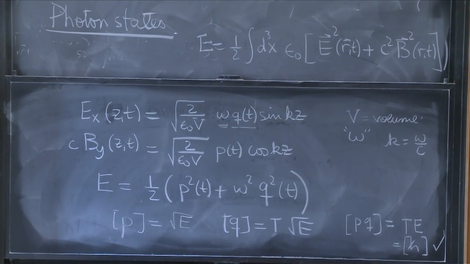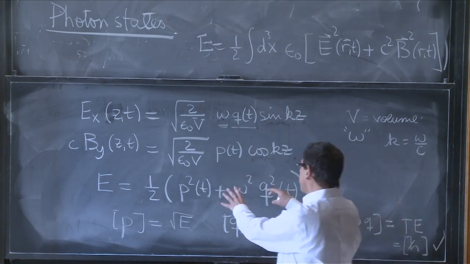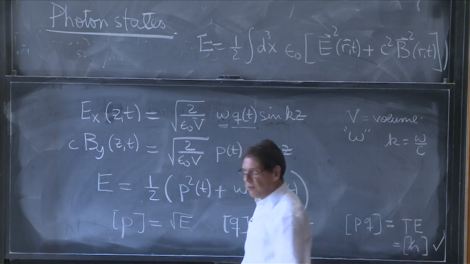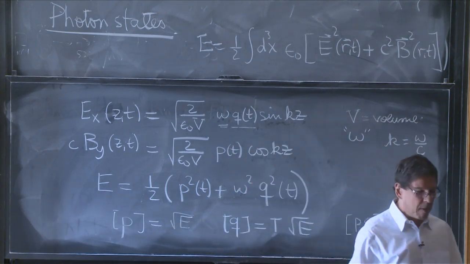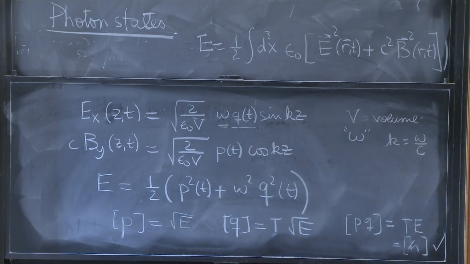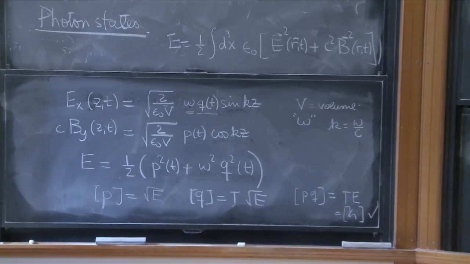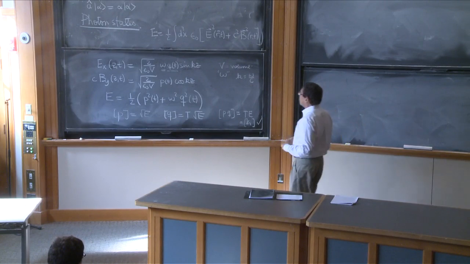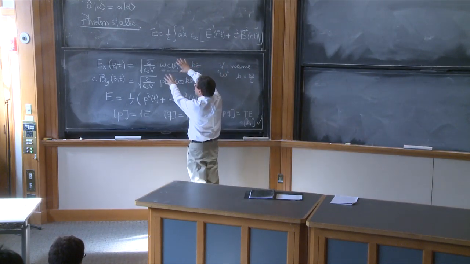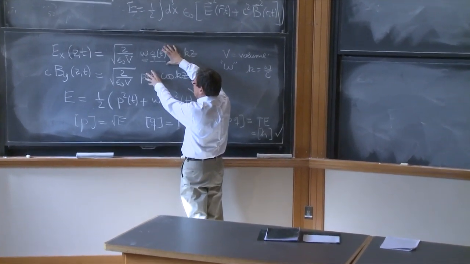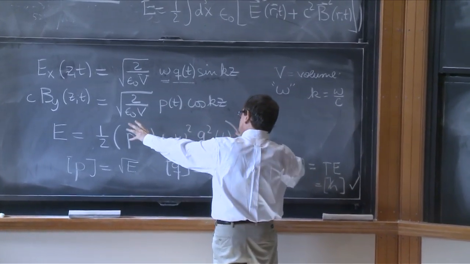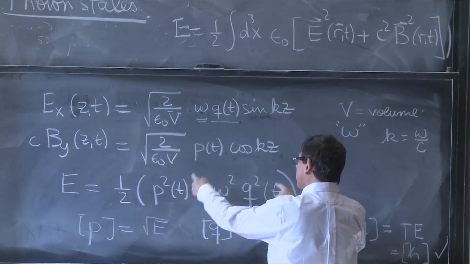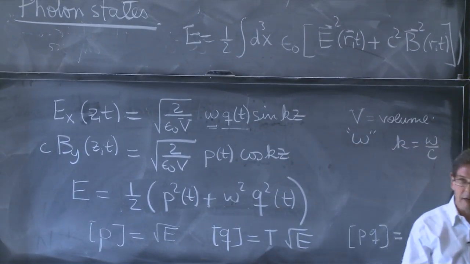So this thing could be viewed as an inspiration for you. And you say at this moment, well, I don't know what is a quantum of an electromagnetic field, but here I have a natural correspondence between one mode of vibration, classical, of the electromagnetic field, and an energy functional that looks exactly like a harmonic oscillator.